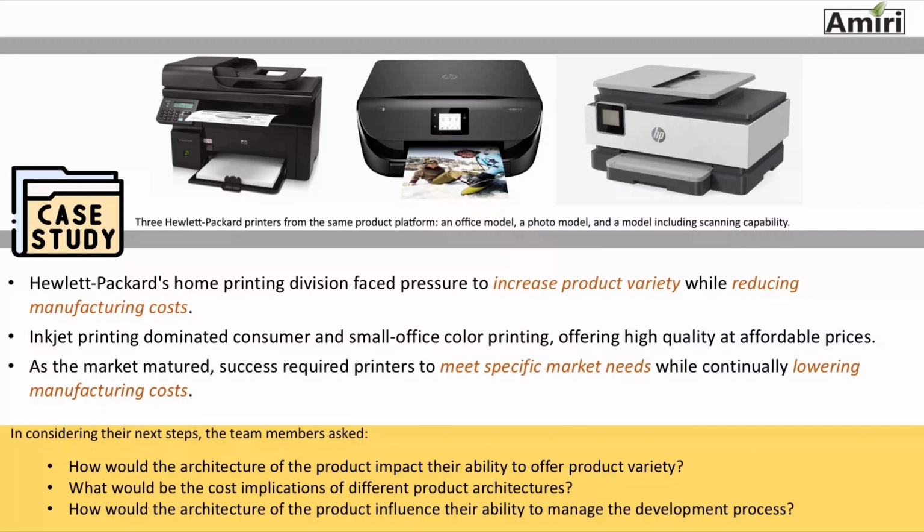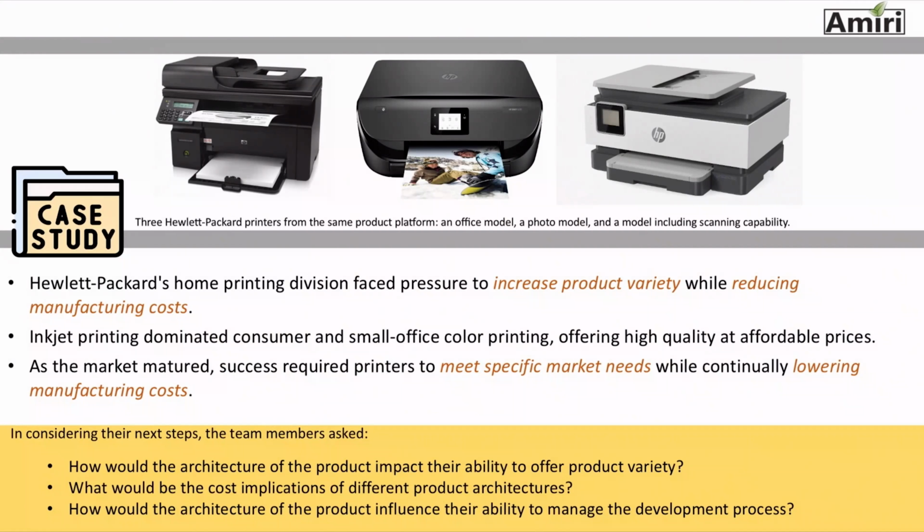This lecture will use some examples from a case study from Hewlett-Packard printers, mainly for home offices. I have a picture of three models here: an office model, a photo model, and a printer and scanner combo. Hewlett-Packard's home printing division needed to expand product variety while cutting manufacturing costs.